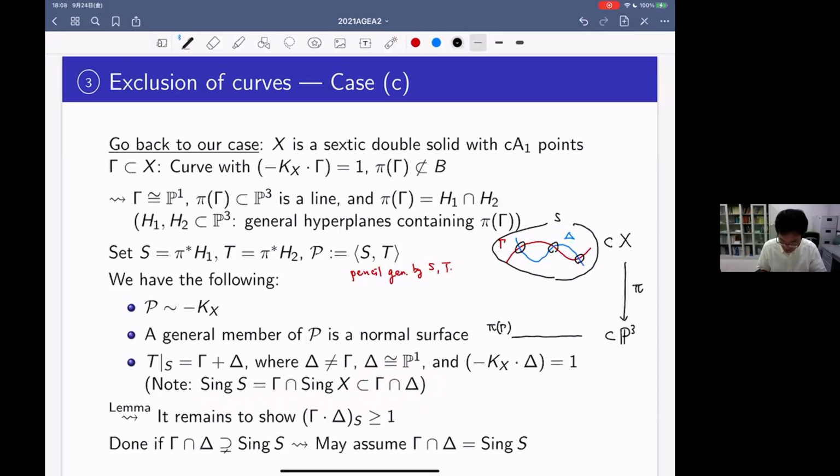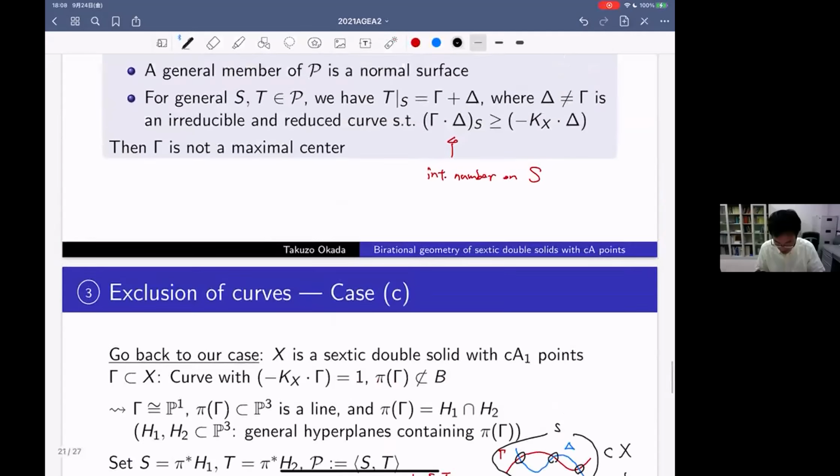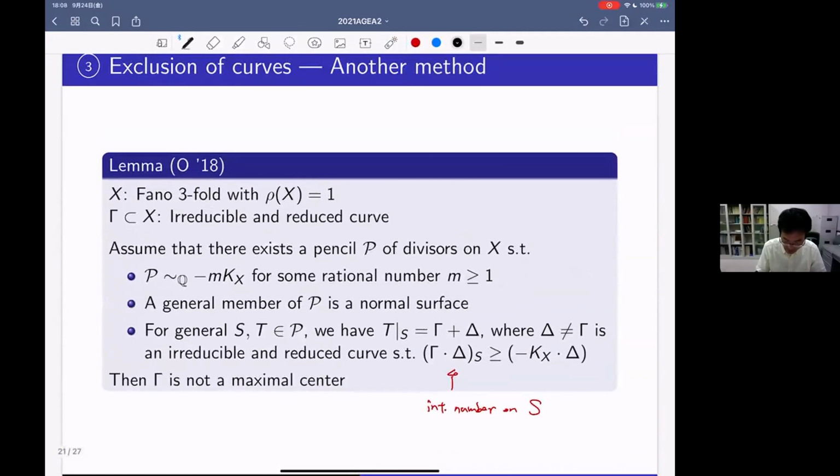This is slightly technical, but with this construction, these assumptions are satisfied, except for this inequality.